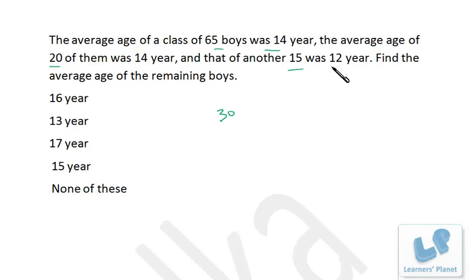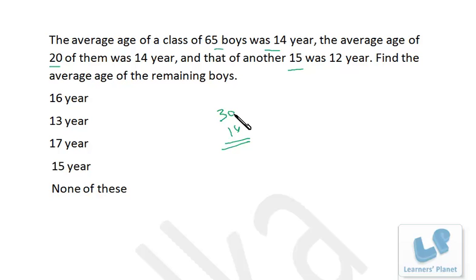Now these 30 people, we assume their average is 14, right? But they need to compensate this also. That is the data which we are losing over here by these 15 students. Every student is losing 2 years. That means 15 students are losing 30 years, right? So this loss of 30 years has to be made up by these 30 students, right?